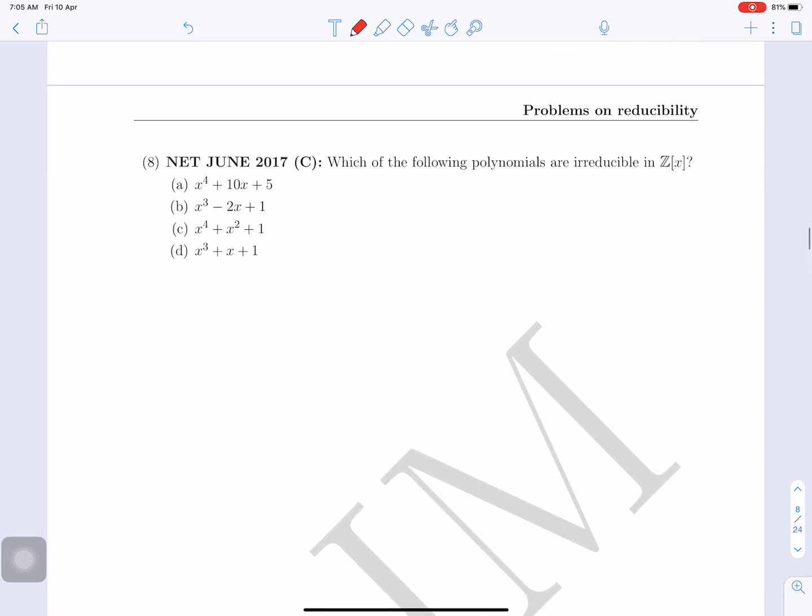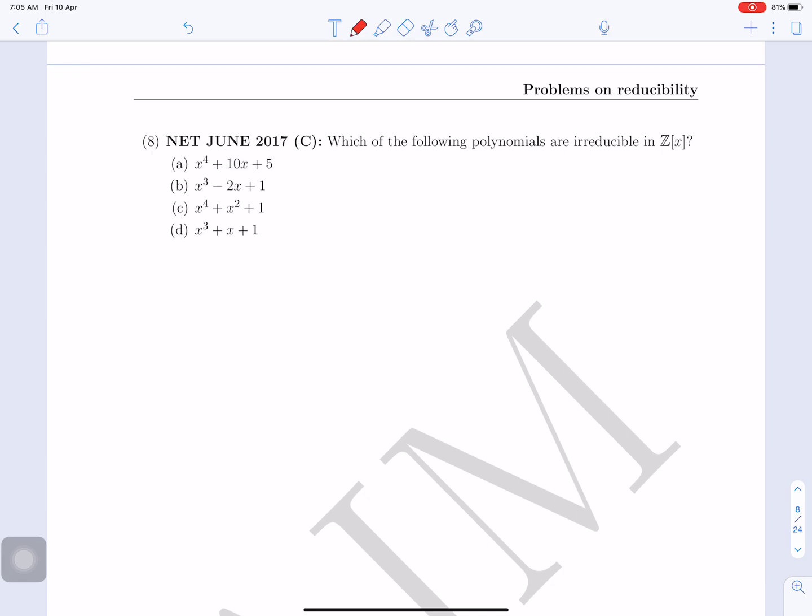Now problem number 8. Which of the following polynomials are irreducible in Z[x]? So here option A is x raised to 4 plus 10x plus 5, a 4 degree polynomial, option B is 3 degree, option C is 4 degree, and option D is a 3 degree polynomial, and all the polynomials are monic.